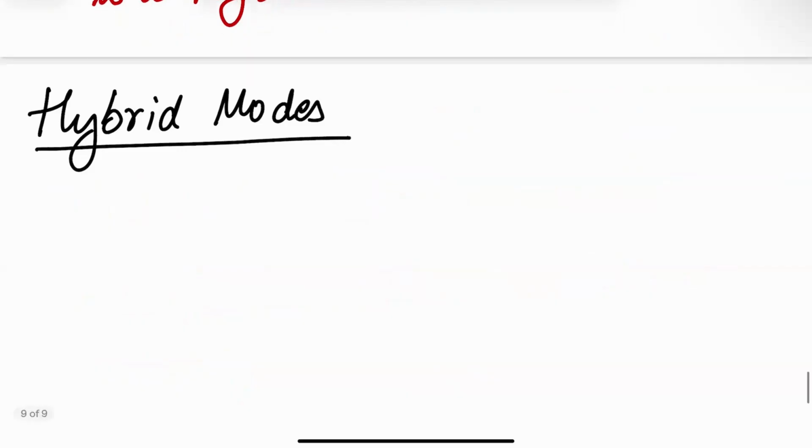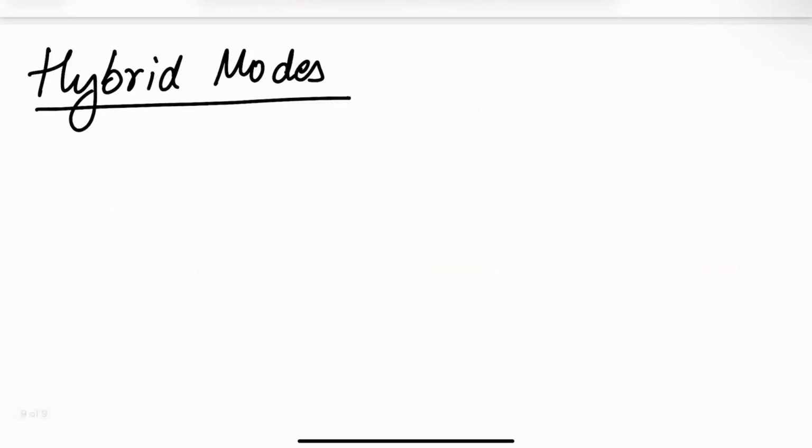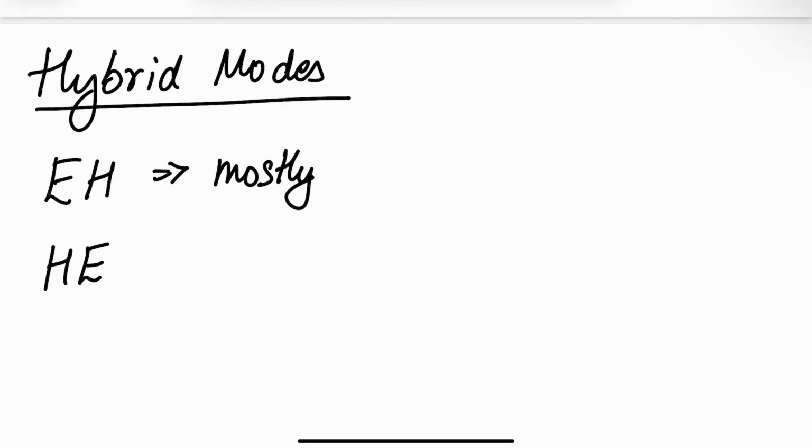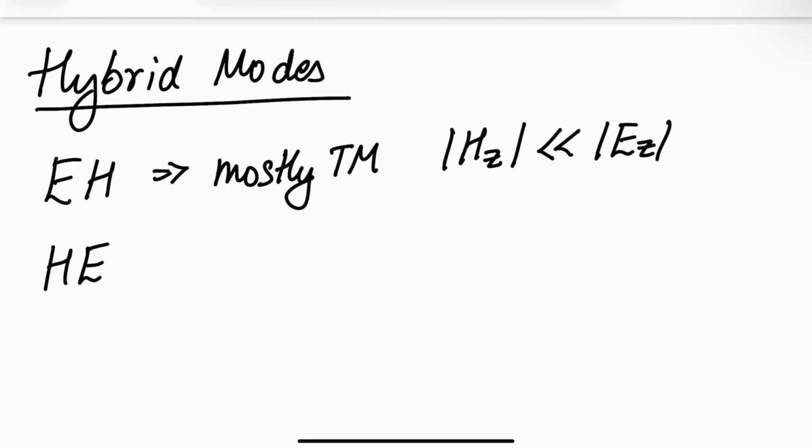Okay, so now we want to discuss hybrid modes. Hybrid modes are modes which have both EZ and HZ components, and they're typically classified as EH or HE. Okay, so electric-magnetic or magnetic-electric modes. So EH means it's mostly TM, which means that the magnetic Z component is much smaller than the electric Z component.